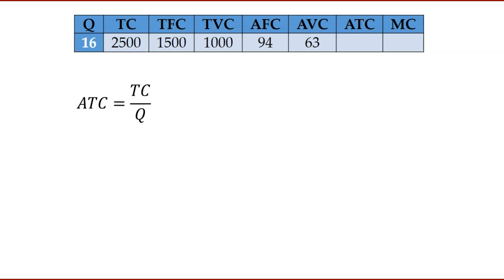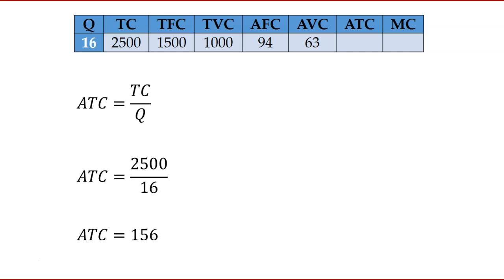So we can calculate that as we've seen already. Total costs divided by the output gives you the average total cost. So that's 2,500 divided by 16, or 156. That is to say, each unit of output on average costs $156 to produce.